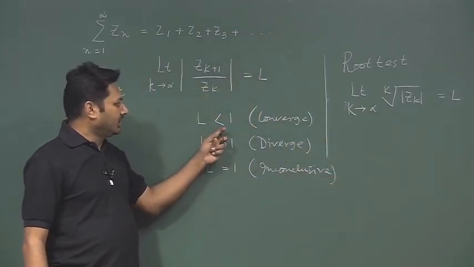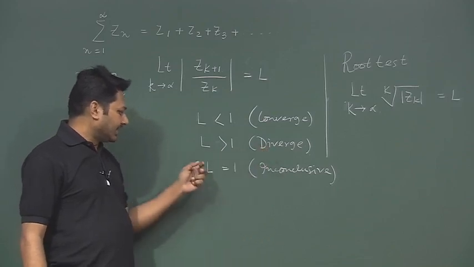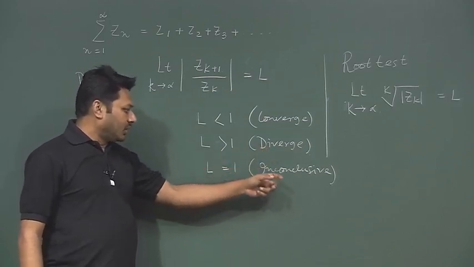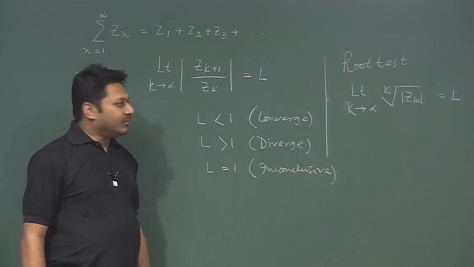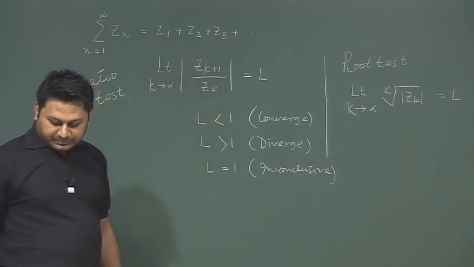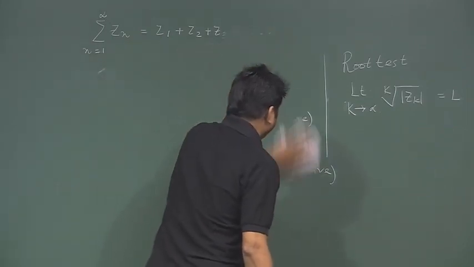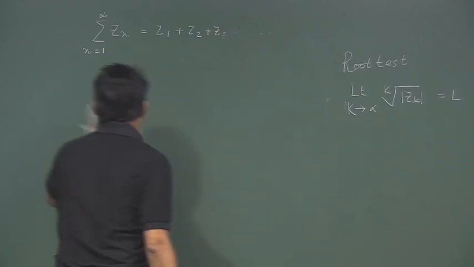If k is less than 1, then it is convergent, if k is greater than 1, it is divergent, and if L is equal to 1, then we can't say anything about the convergence of this particular series written here. Okay, this was the last day's topic, so we are going to exploit this more.